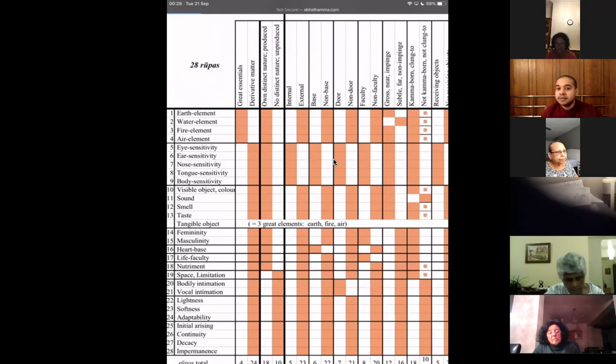Yeah, correct, Mala. The wording is a little bit off. It is not that water cannot be touched. The experience of water can only be felt by the other elements. Water can be touched.